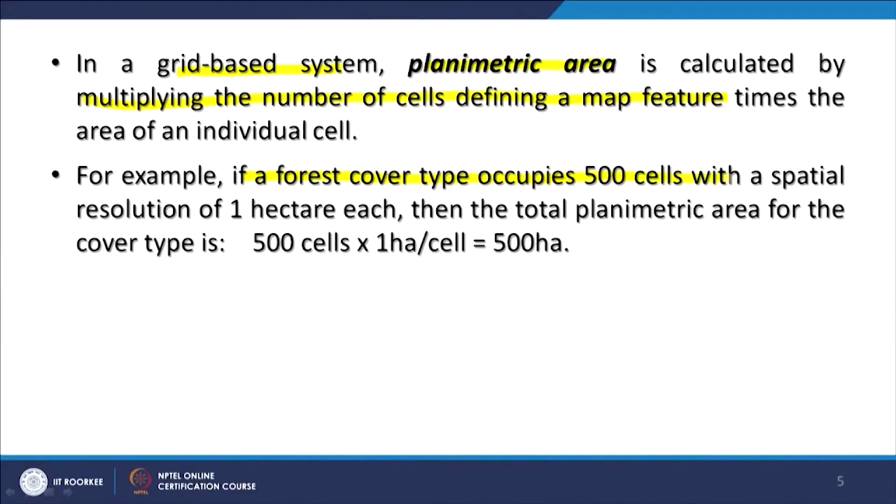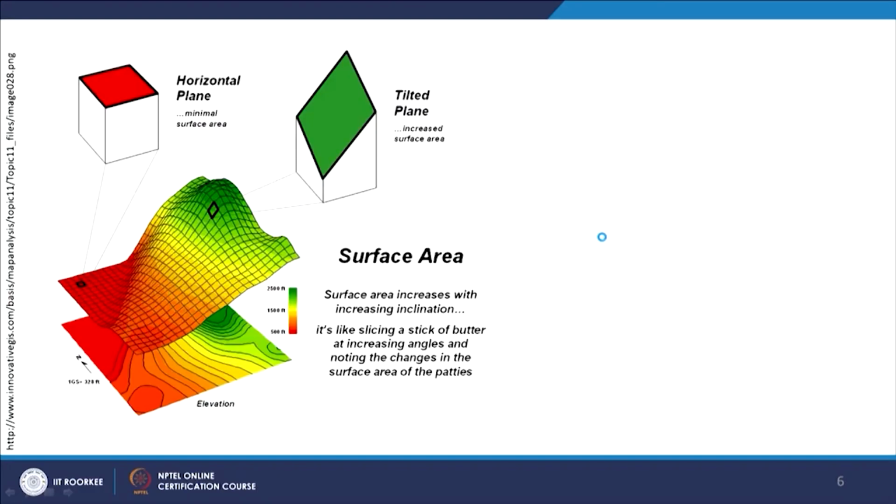For example, if a forest cover type occupies 500 cells with a spatial resolution of 1 hectare each, the total planimetric area for the cover type is 500 multiplied by 1 hectare per cell, equal to 500 hectare. Simple calculations. But when we go for surface area or surface length calculations, things will be different.